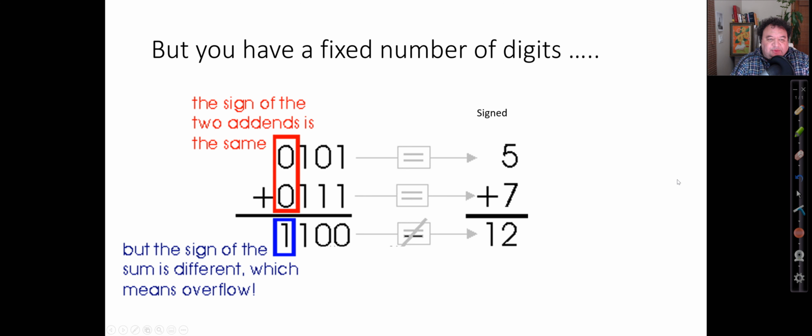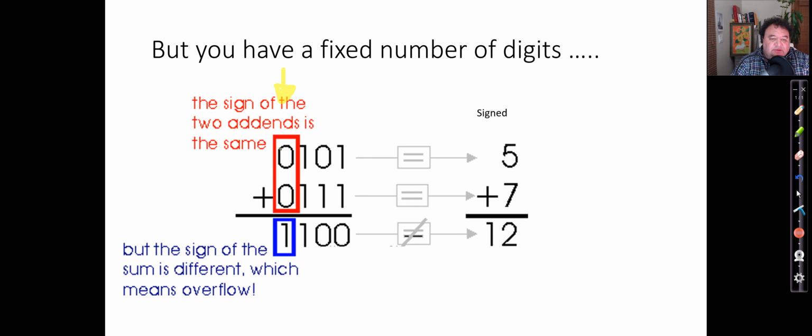So, for example, let's look at an addition with signed numbers. So now things get more tricky. First of all, the convention is that the first bit, the bit on the left, is the sign of the number.